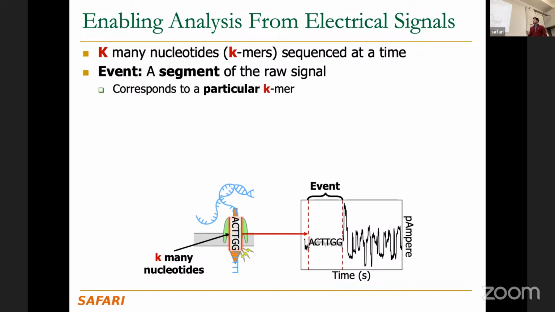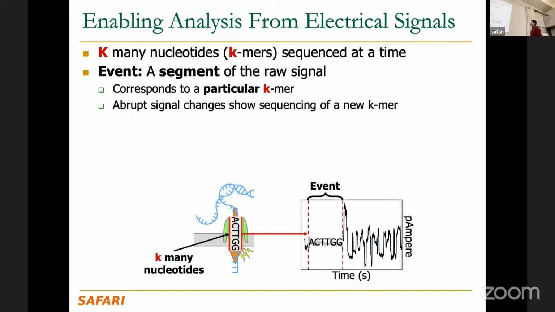This segment is assumed to correspond to the sequencing of a particular K-mer at a certain period of time. If we label this region of the signal as an event, it may mean that this event corresponds to the sequencing of that particular K-mer at a certain point.